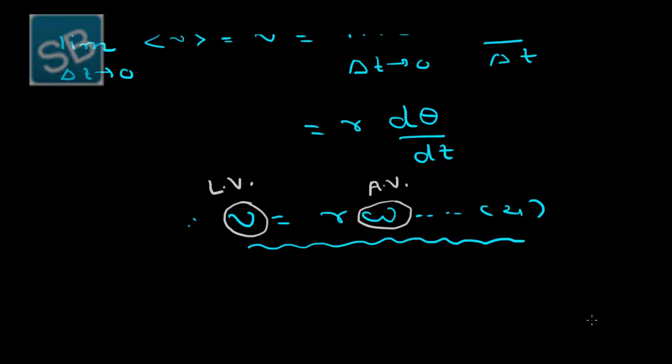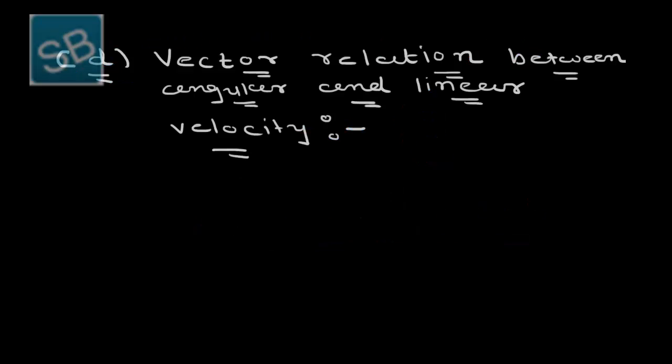So now after deriving the scalar relation, we will do the vector relation between angular velocity and linear velocity, for which again we will consider the motion of a rigid body.